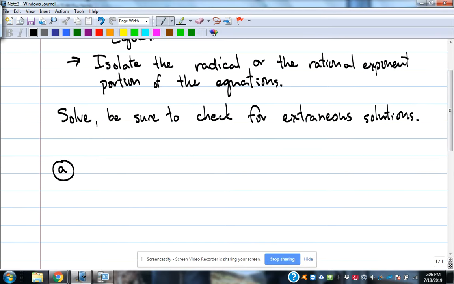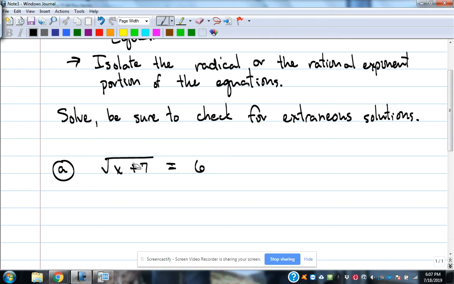So let's say we had the square root of x plus 7 is equal to 6. Fairly simple problem. The square root is already isolated. It's by itself. It's all that's on that side, and we have a number 6 on the other side.